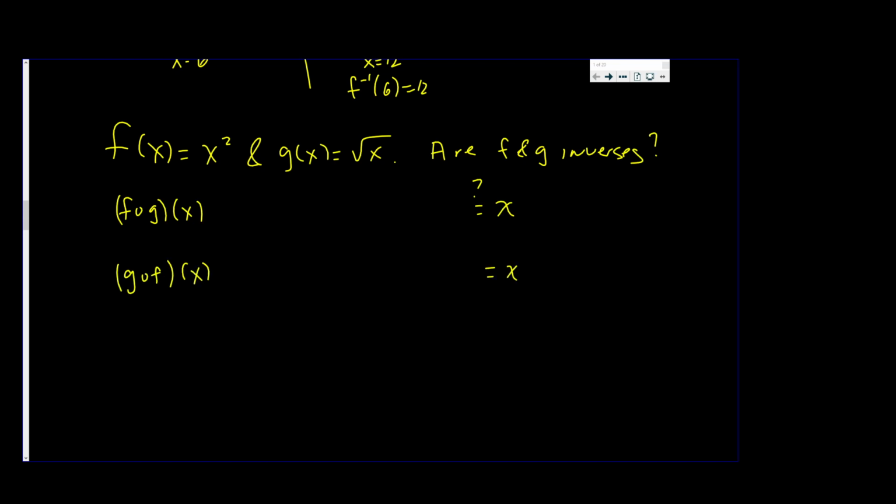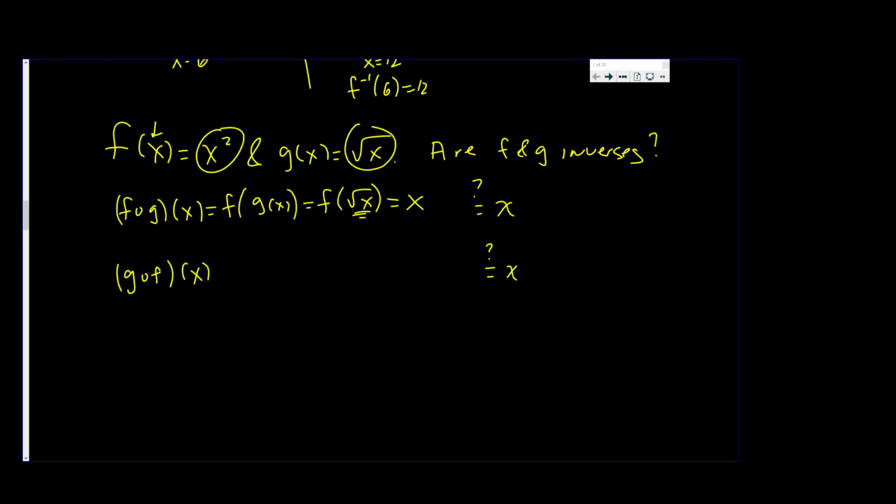and that g of f of x also equals x. Okay, well, this is f of g of x, and g of x is the square root of x, and if you square the square root of x, because that's what f does, whatever you put in the brackets, it squares it.